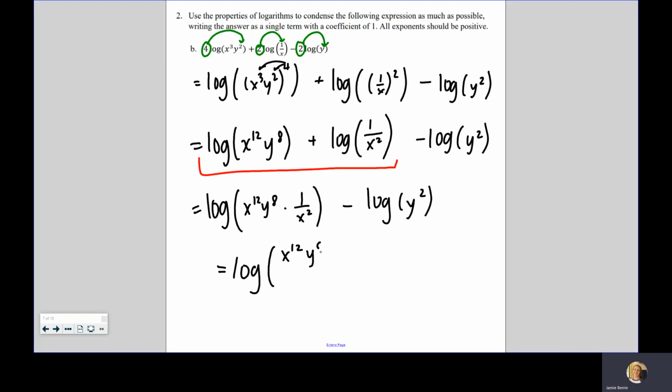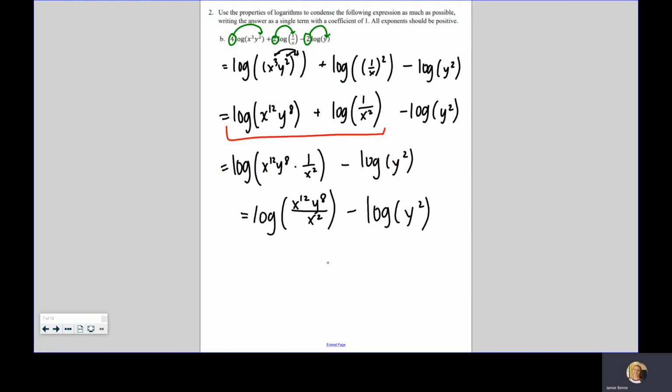Again, just rewriting the second term, minus log of y squared. Right now I can simplify this. We have 12 x's, take away 2, so that leaves me with 10 x's. Minus log of y squared.